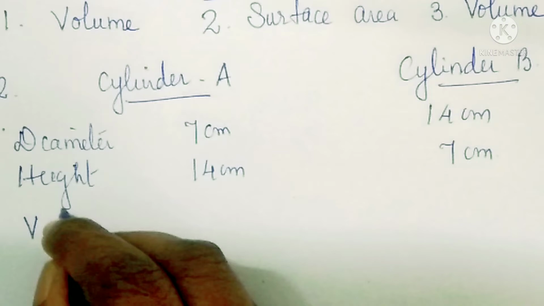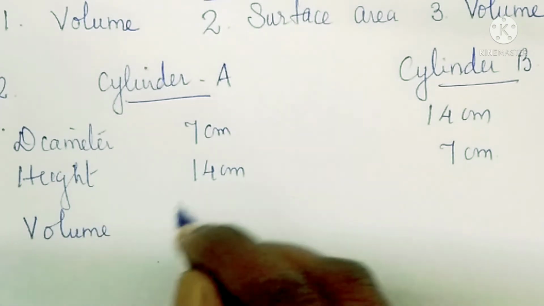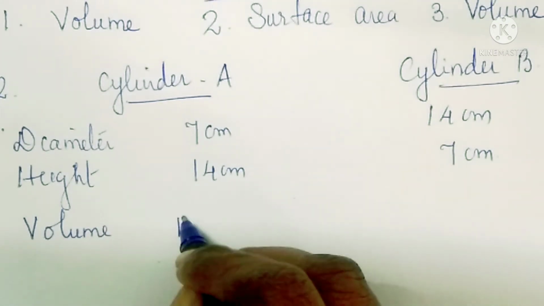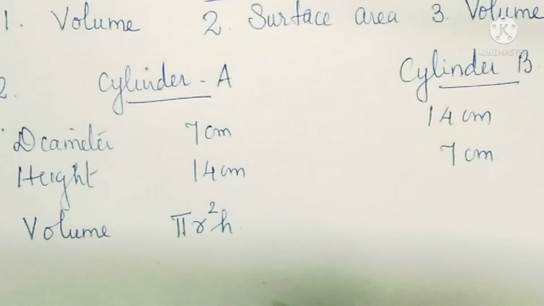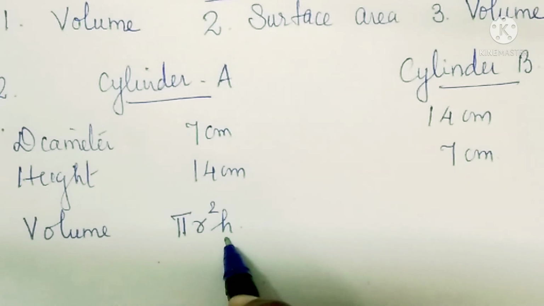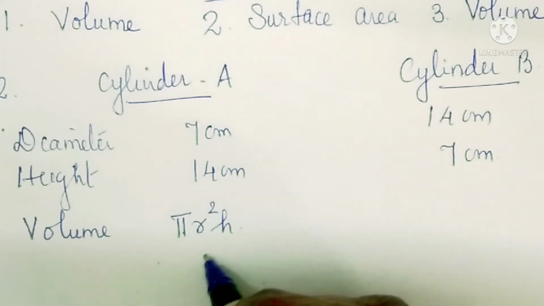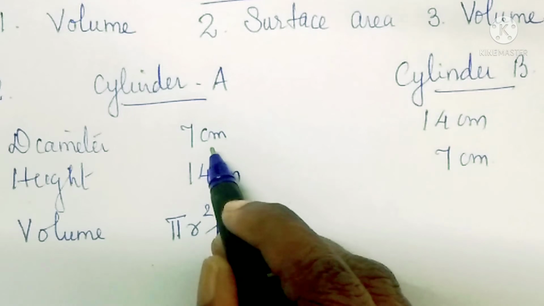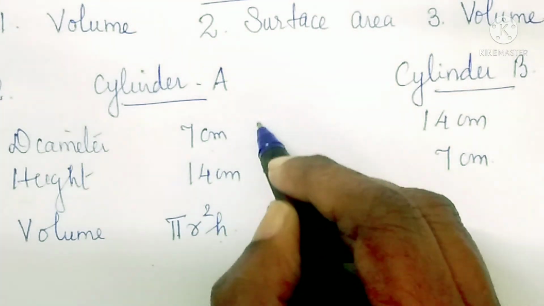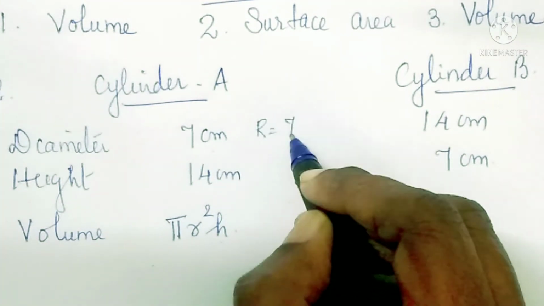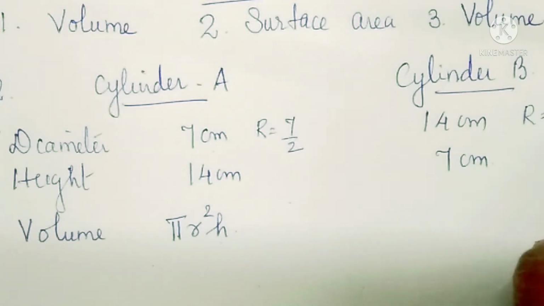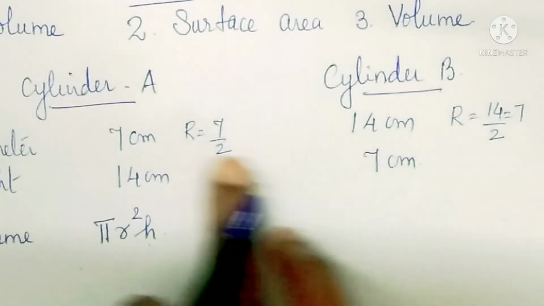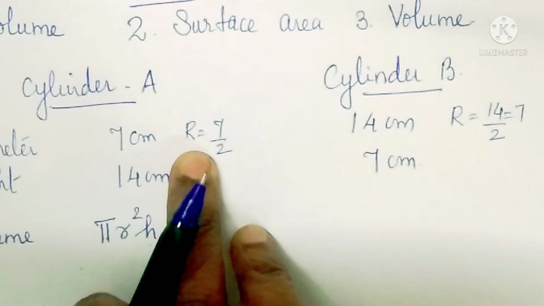Let us write the formula. What is the volume? Pi r square h. Now here, when you find pi r square h, r is squared. So what will r be? Here r will be 7 upon 2 and here r will be 14 upon 2, that is 7. So here r will be half of 7, and there r will be 7.